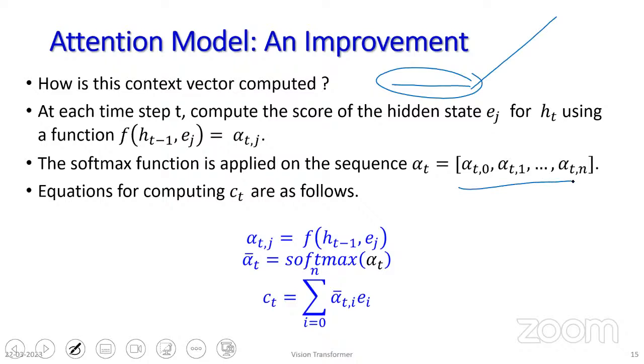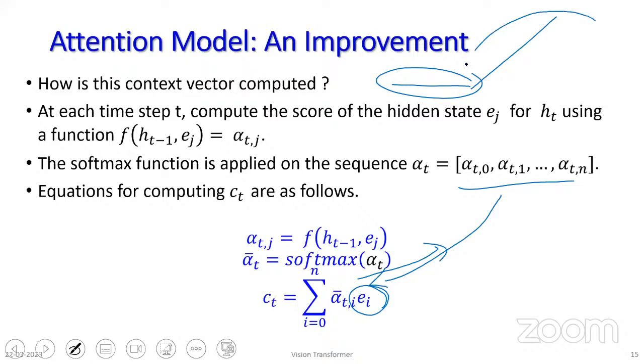We want to create a weightage for each e_i. If I use a ReLU operation, then what will happen? I just want to keep the values between 0 and 1 so that things do not go out of proportion, number one.